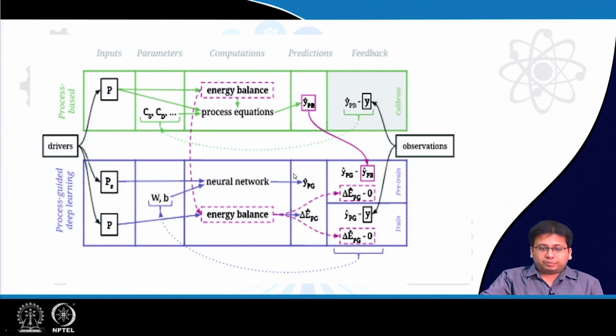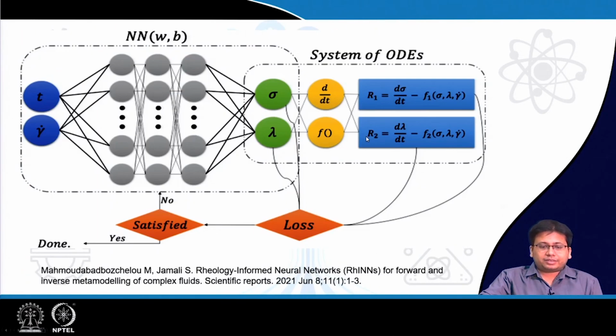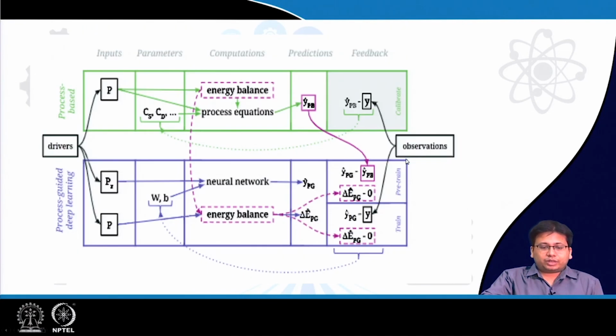Accordingly the neural network will be trained, but while it is being trained, it is not only important to make the predictions properly, but it is also necessary to make sure that the predictions are satisfying the different laws of physics. That is why the energy balance, which is of course a very important concept in the process-based models, matters. We will have to see whether the values being predicted by the neural network are maintaining the energy balance or not.